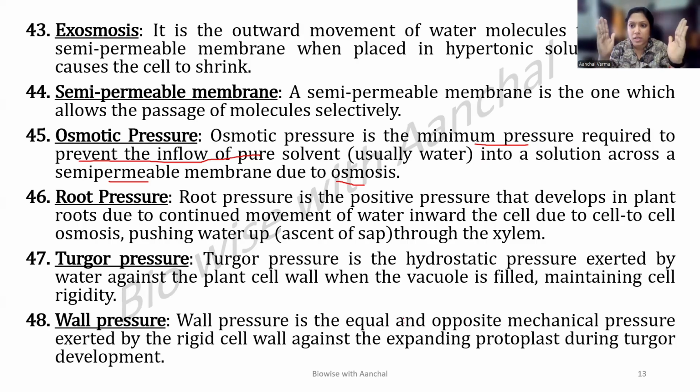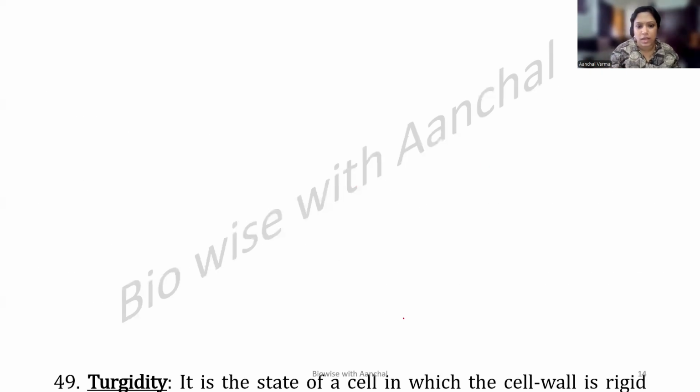So turgor pressure acts towards the cell wall, and the cell wall gives wall pressure towards the inner content. If these two are equal, then the cell is in a constant state. If turgor pressure increases beyond the wall pressure, the cell will either increase in size, bulge, or burst if it is an animal cell. And if wall pressure exceeds, then there is a contraction in the cell, shrinkage of the cell will happen.